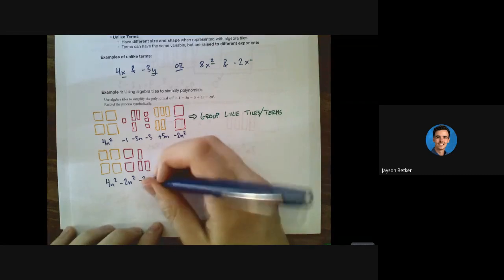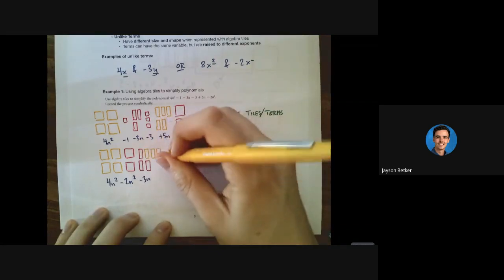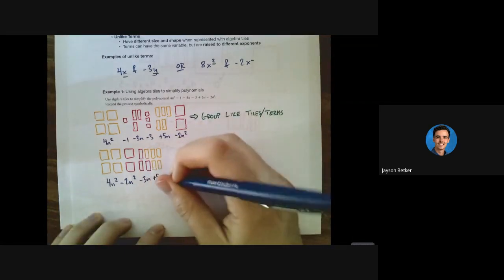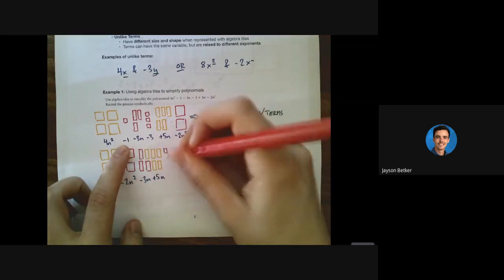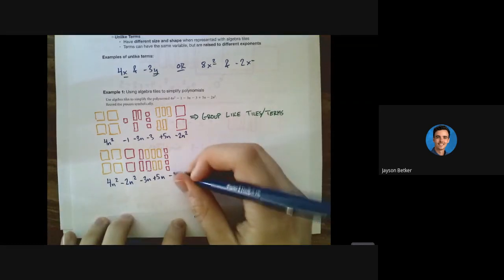So that's my negative 3n, and then plus 5n was 1, 2, 3, 4, 5, all nicely grouped together, plus 5n. And then we'll group together all of our little negatives here. We had negative 1 and then negative 3. I'm going to put them all right there. So that is negative 1, negative 3 gives us negative 4.